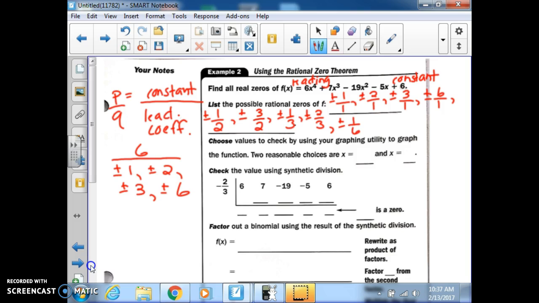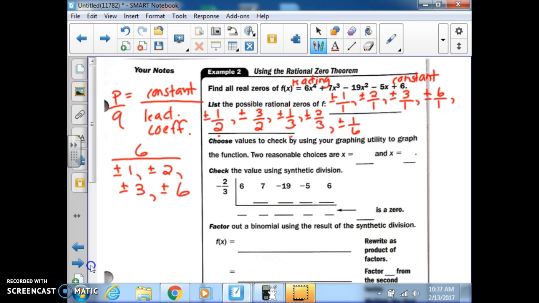We don't need to do plus or minus 2 over 6, because if you reduce that, you get 1 over 3, which is already listed. And if we do plus or minus 3 over 6, that would just be 1 over 2, which is also already listed. Okay, so we have all of the possible rational zeros here.